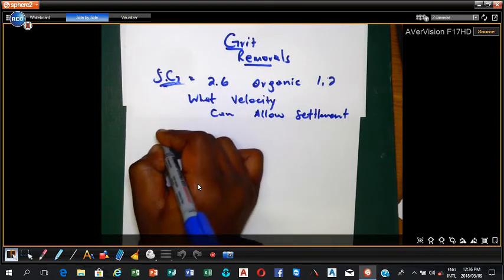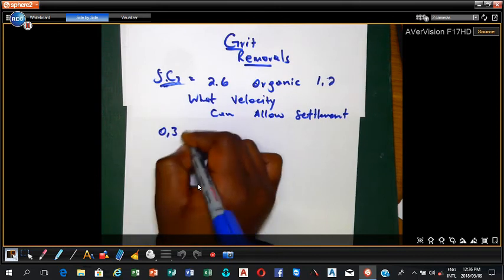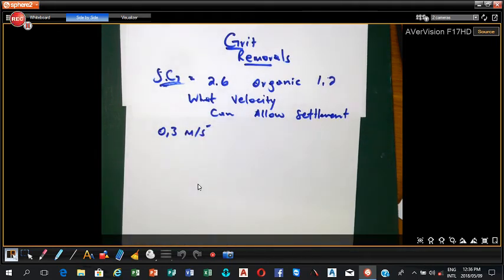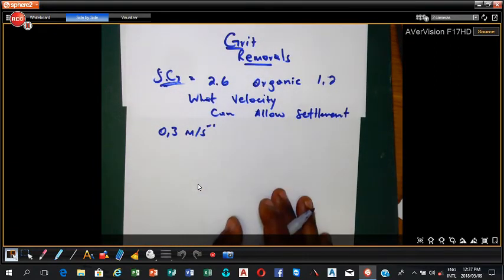The velocity is 0.3 meters per second. This velocity will assist us in terms of settlement of the high density particles carried in suspension.